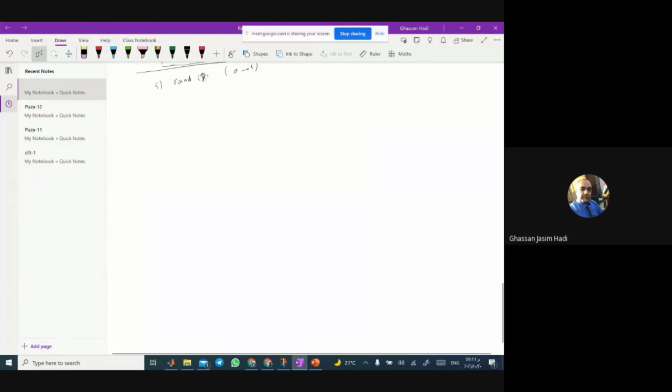If I have y or f of x equals x squared minus x minus 6, for example, and I need to find the roots. This is a polynomial. Let's talk about the polynomial firstly.